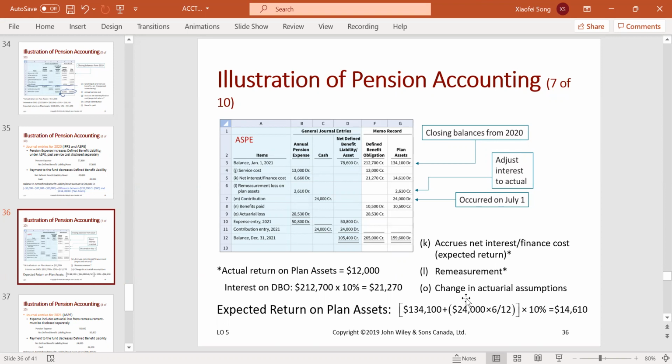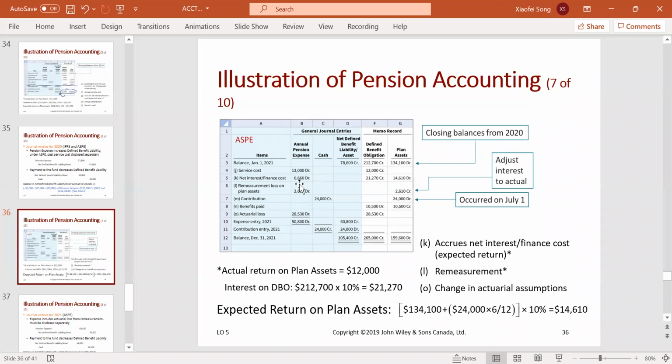This year it was in the middle of the year. So in addition to the beginning balance, we need to add the contribution from the middle of the year, so it earns return for half of the year. So the return is 14,610.